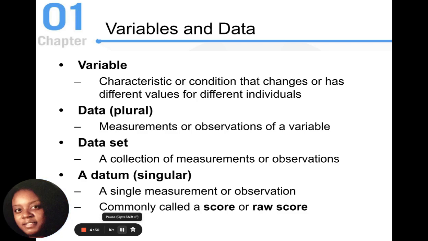A data set is going to be the collection of all my measurements and observations I'm making about my things, my variables. And a datum, which is singular, is going to be a single measurement or observation. It's typically a score or a raw score in statistics.